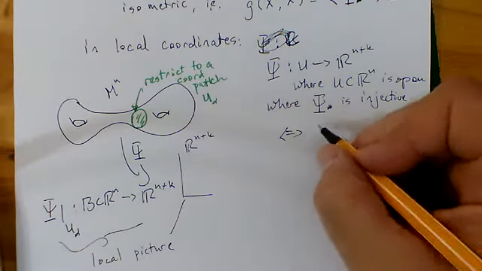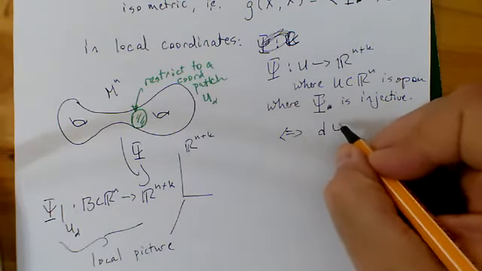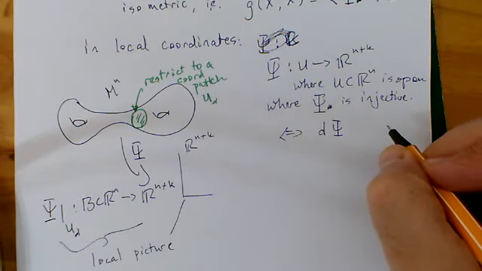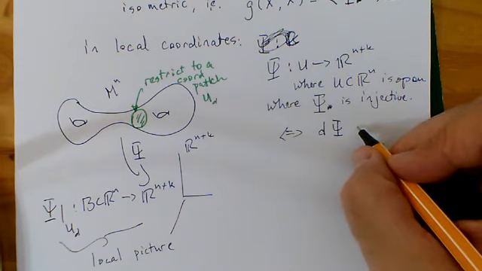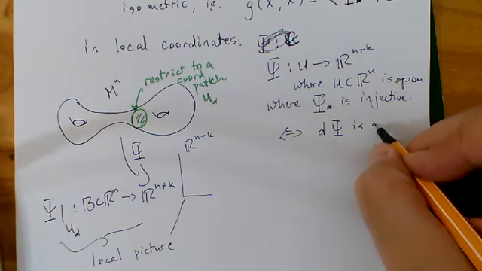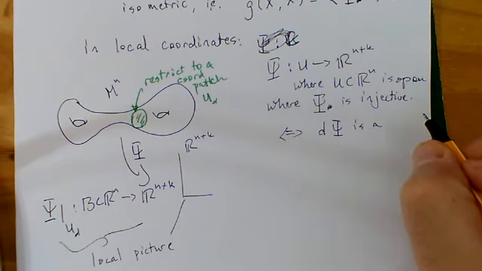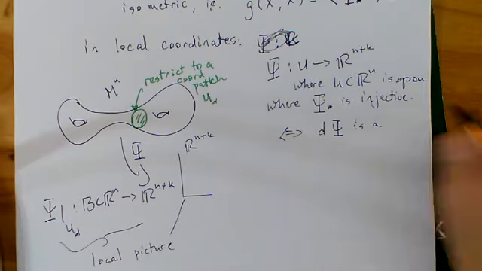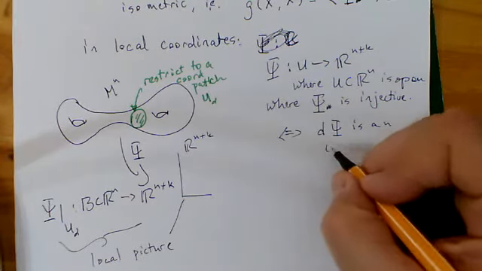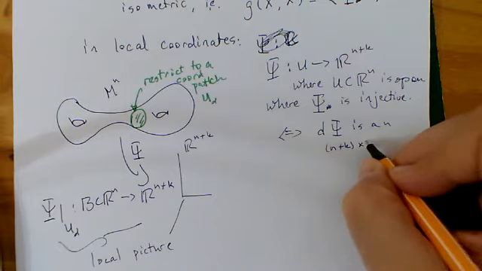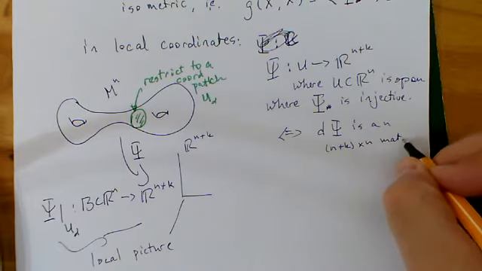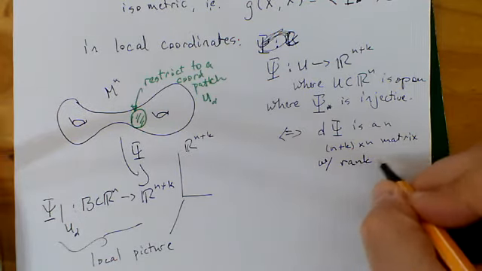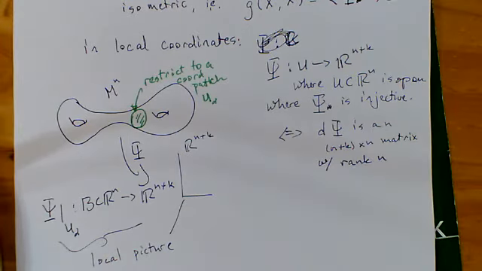This is really the same thing as saying that the Jacobian matrix of phi is an (n+k) by n matrix with rank n everywhere.